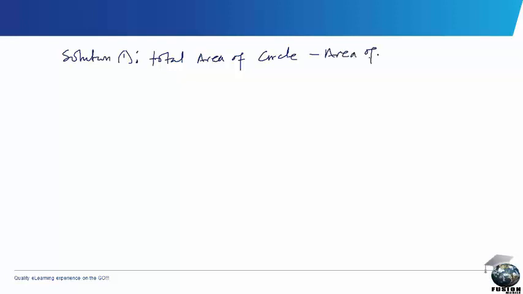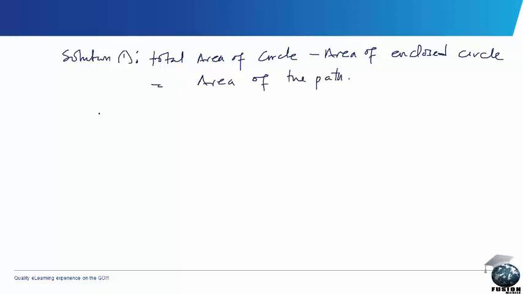Okay, so solution 1. Total area of circle minus area of enclosed circle will give us the area of the part.